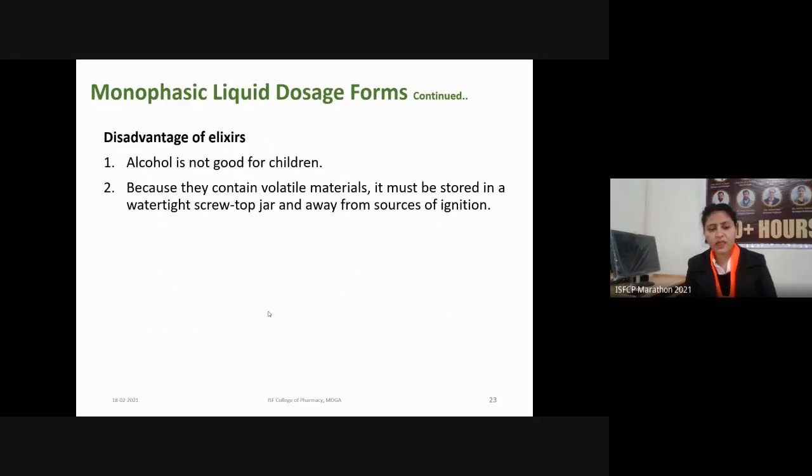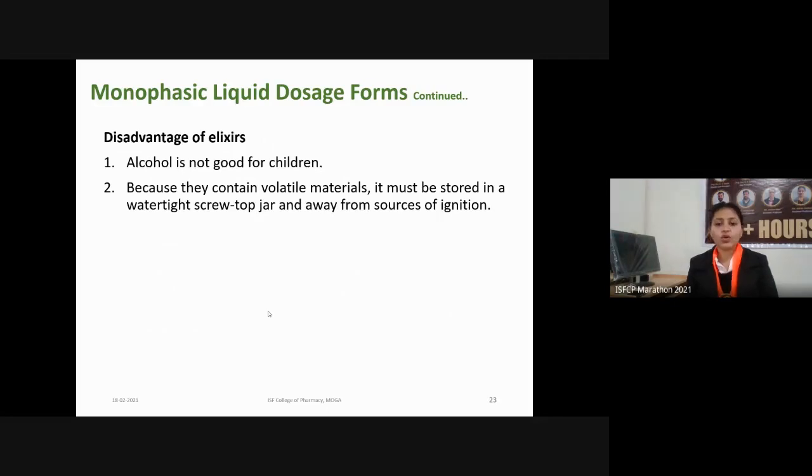The second disadvantage of elixirs is that because they contain volatile materials, they should be stored in a watertight screw top jar and away from sources of ignition. Because we are using alcohol, there is a good chance that at higher temperature the alcohol can volatilize.